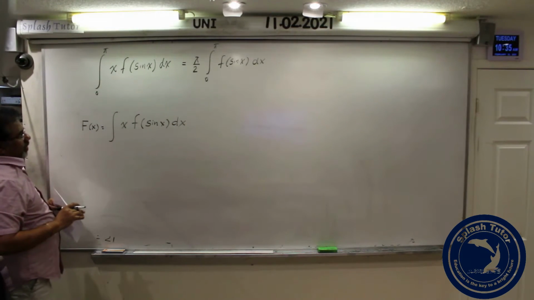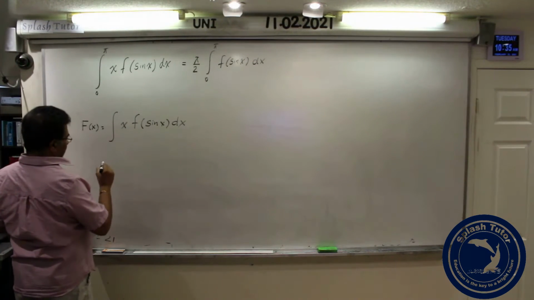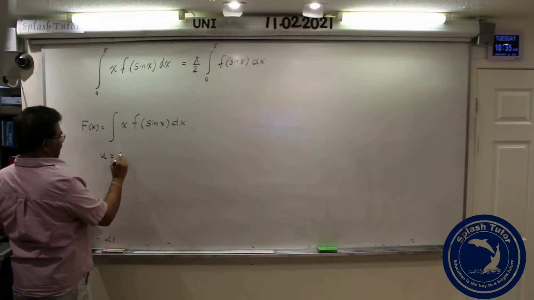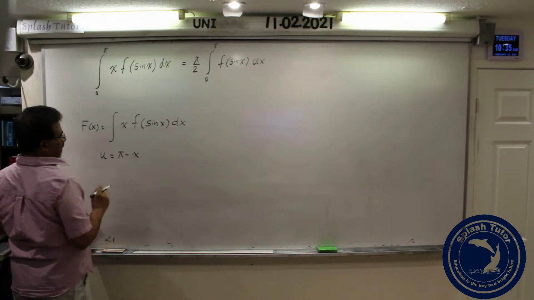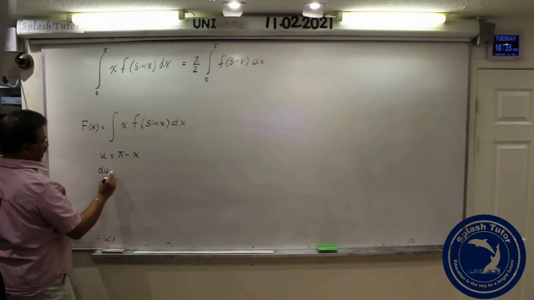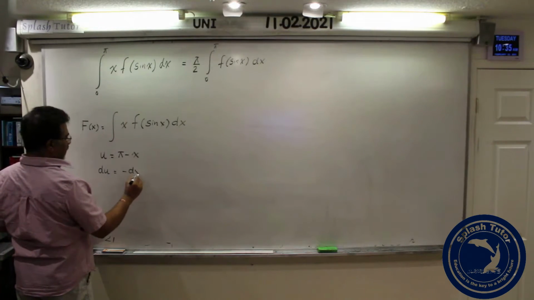Now we are going to do some substitution that is already recommended to us, that is u is equal to pi minus x. Now if I differentiate this, du is equal to minus dx.